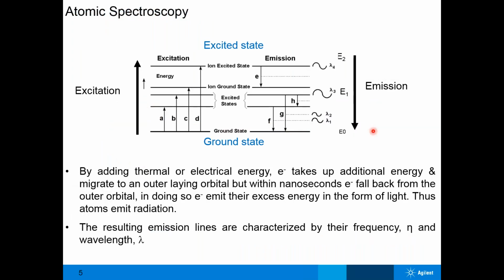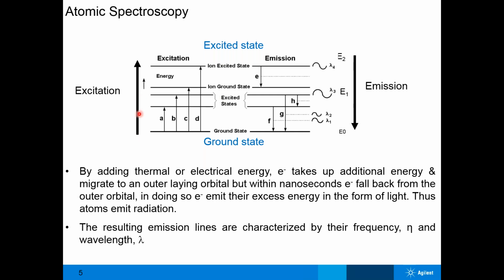So what is atomic spectroscopy? Today, when we are talking about quantification of any elemental or metallic property, we have to understand what atomic spectroscopy is. Atomic spectroscopy is based on Bohr's model of orbital theory. According to Bohr's model, when electrical or thermal energy is added to an electron, it takes up additional energy and migrates from the ground state to the excited state.